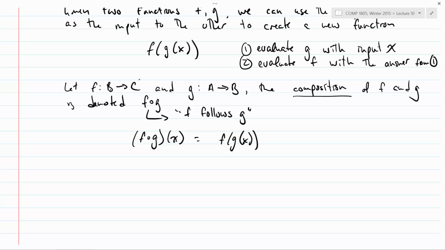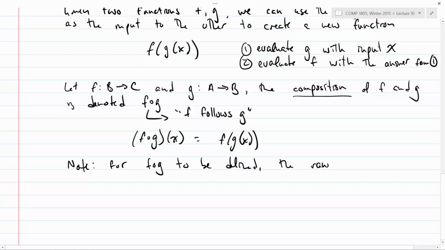Otherwise, it's not going to work. So let me just write that. Note, for f follows g to be defined, the range of g must be a subset of the domain of f.